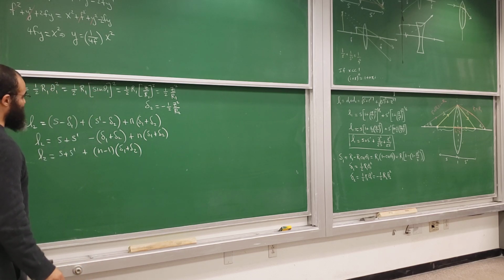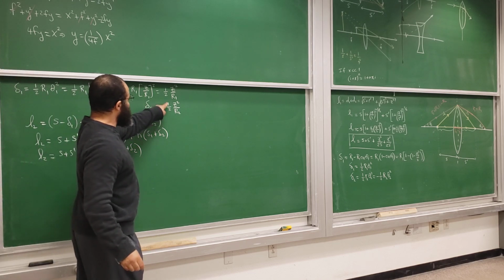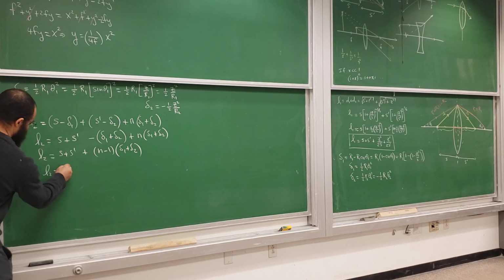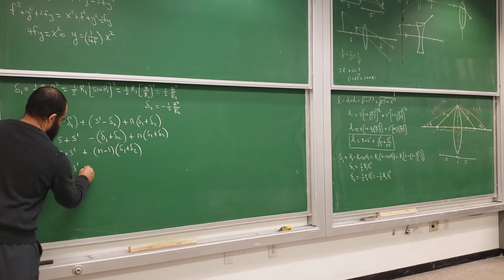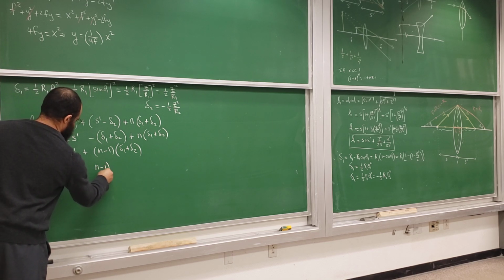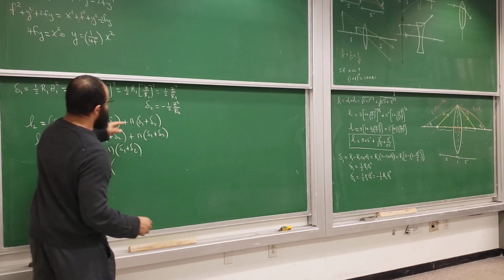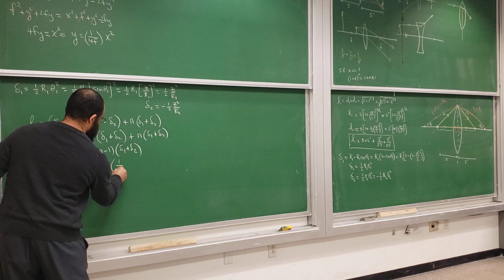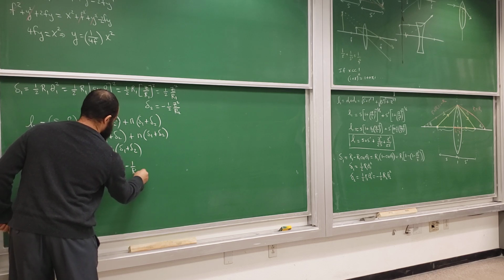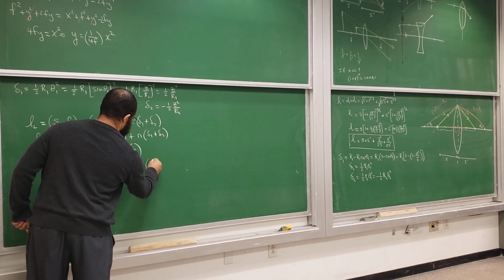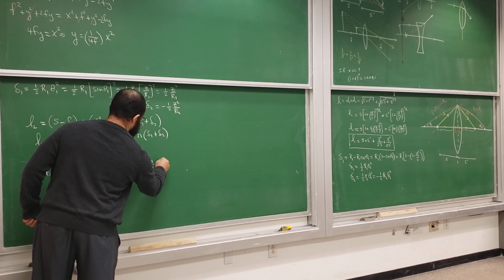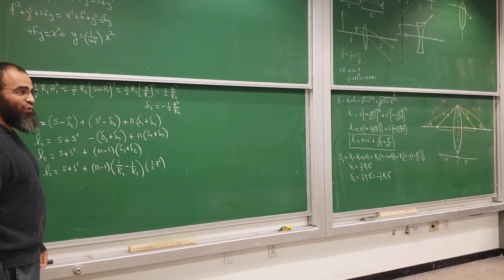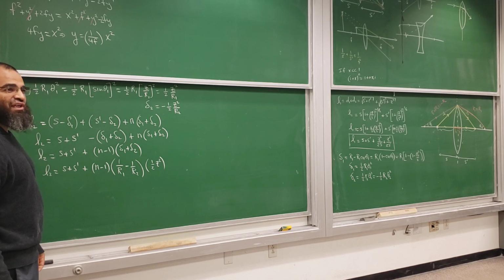And delta 1 plus delta 2 is this. You'll have a factor of 1/2 z squared, and then 1 over r1 minus 1 over r2. That's L2. But I want L2 to equal L1 because they took the same time.